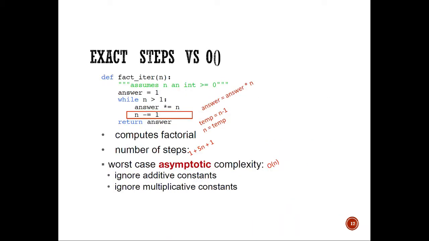So to illustrate this big O notation concept, here we are calculating the factorial of a number n. The code goes on a while loop, and every time we multiply the value by n. Assuming that each iteration takes constant time, because each operation is assumed to be one operation, the number of steps is 1 plus 5n plus 1.